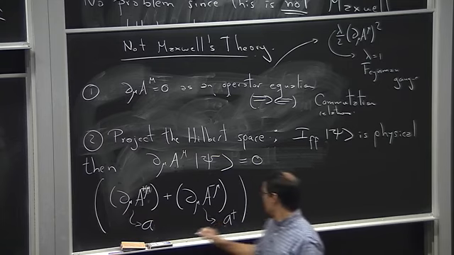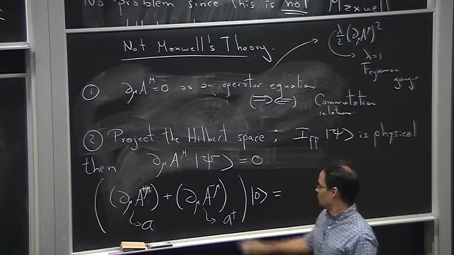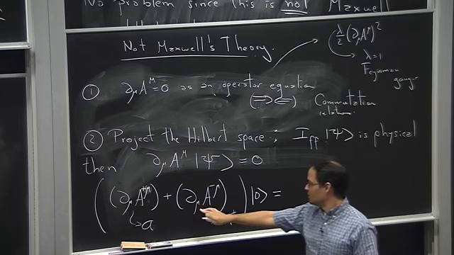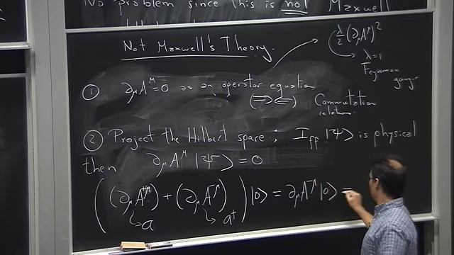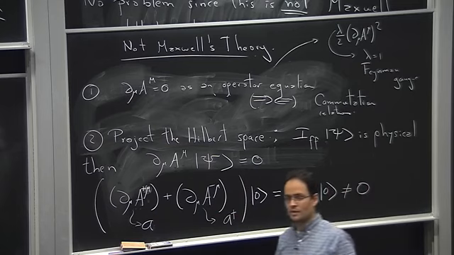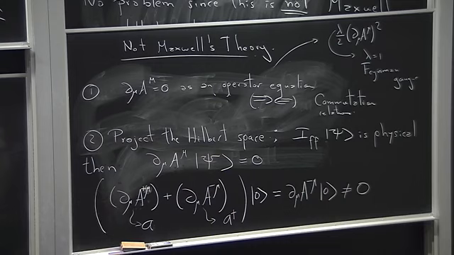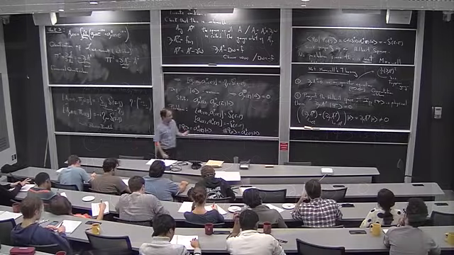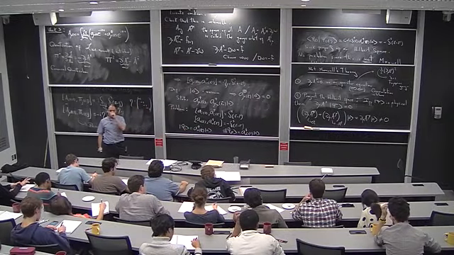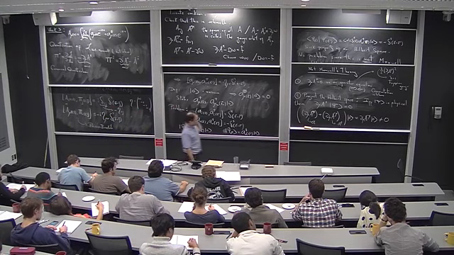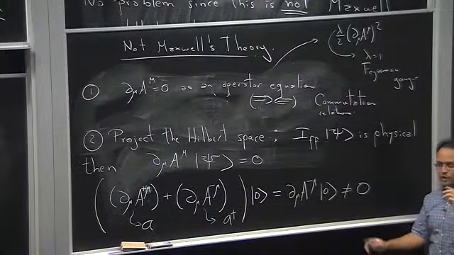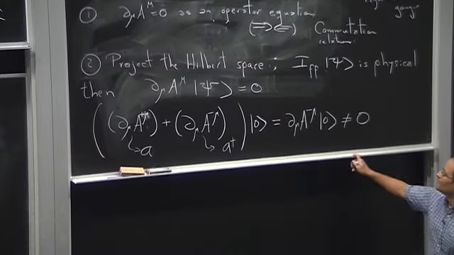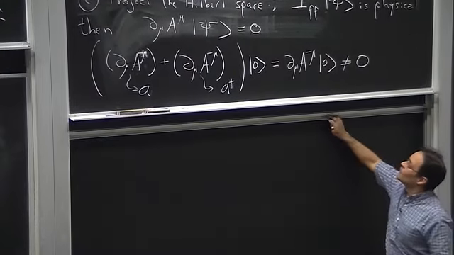If we apply this condition to the vacuum, we find this annihilates it, but this other part will not give us a sensible object. So the vacuum will not be physical. That's a little bit of an inconvenience. Sometimes it happens. In string theory, there will be some theories where you would find that actually the vacuum has to be projected out. But not for us here.